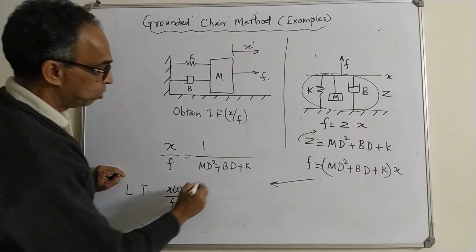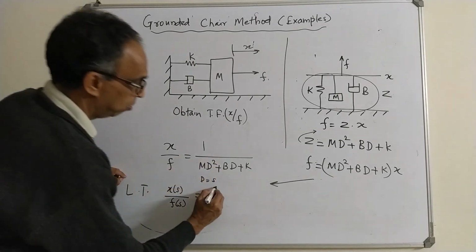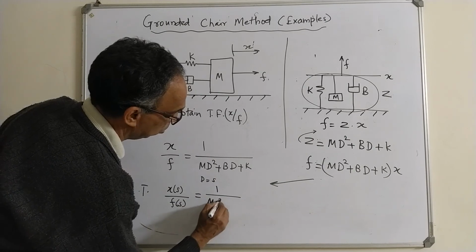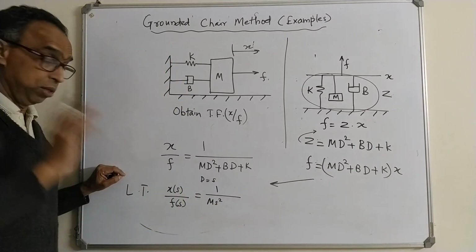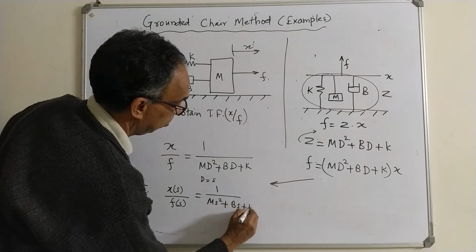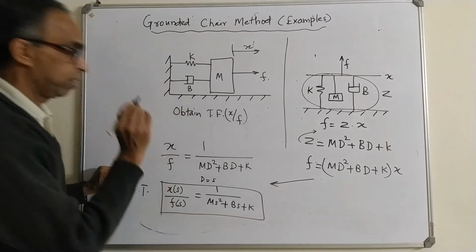What other change do I need to make? I have to put D equal to s. So I get 1 upon Ms square, of course considering zero initial conditions, plus Bs plus K. This is in Laplace transform terms. This is my transfer function.